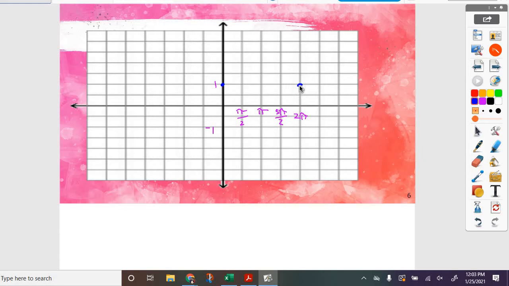And then we said exactly halfway in between, which would be at pi, is our minimum value. And then halfway in between each of those are going to be our zeros. Okay, and then we're just going to kind of connect them all just like I did before. And so that would be our graph.